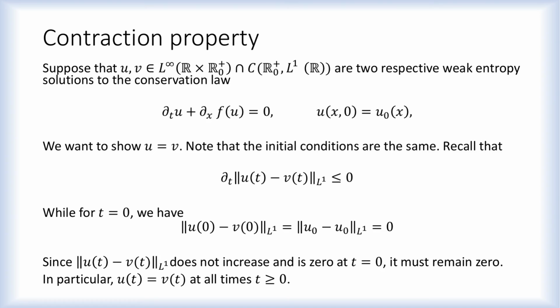So we have that the L1 distance of the two solutions starts at 0 at the initial time, and it cannot increase over time. So consequently, the L1 distance must stay 0 for all times. And in particular, that means for all times t greater or equal 0, we have that u of t equals v of t. In other words, u equal v, that is, the two weak entropy solutions are the same. And that is, weak entropy solutions are unique.